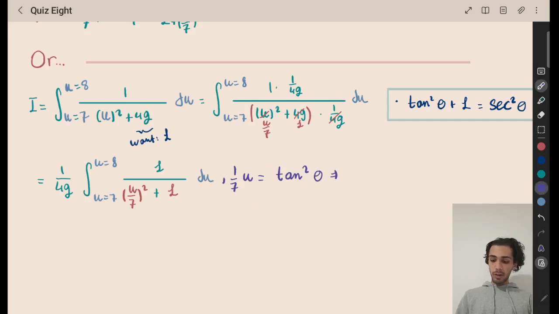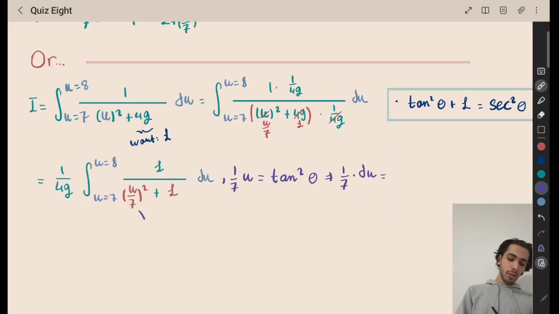I hope that's fine. And when I take the derivative, I get 1/7 times du will be equal to the derivative of the tangent squared of theta. Now, if you are this far in the video and you still are following, then there is a high probability that you know what the derivative of the tangent function is.